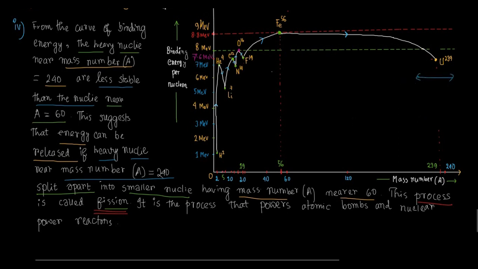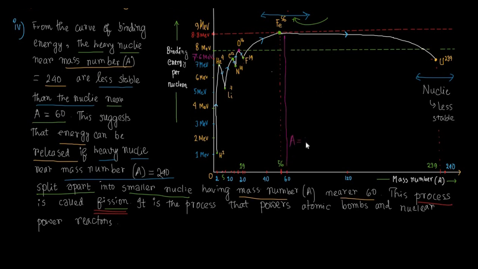Now we can denote the region around mass number 240, where nuclei are less stable, and also a region around mass number 60, or around iron 56, where nuclei are more stable.